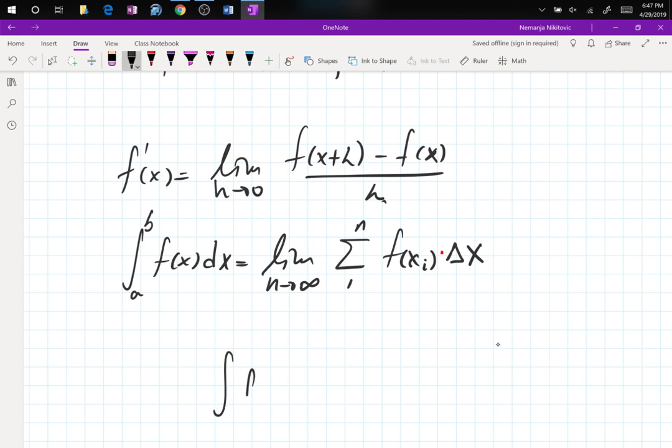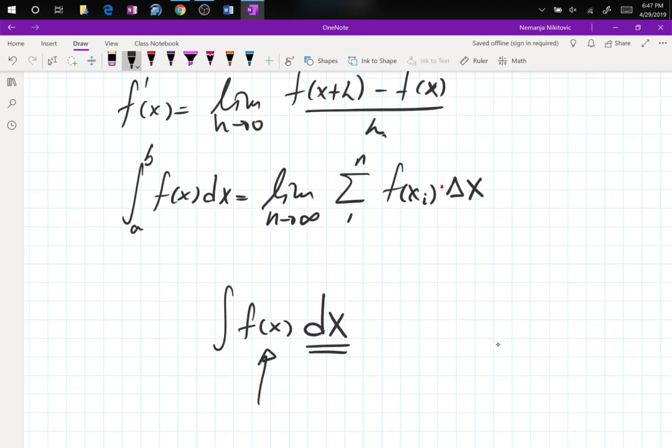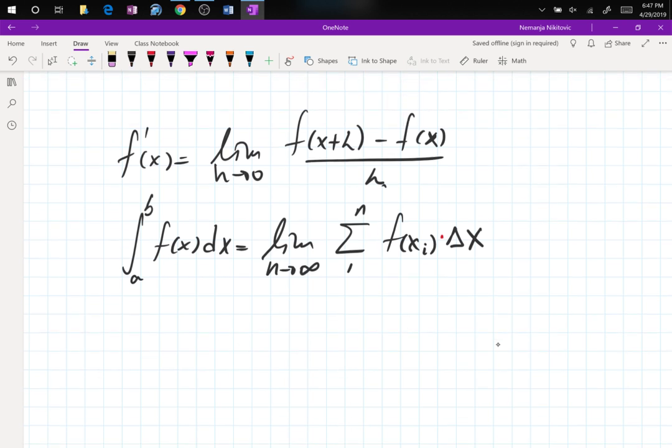So integral f of x dx, because it's times dx. There's your height, there's your width. And if you write it without the dx, well, that has no meaning in mathematics or anywhere else. And that's obviously a problem.